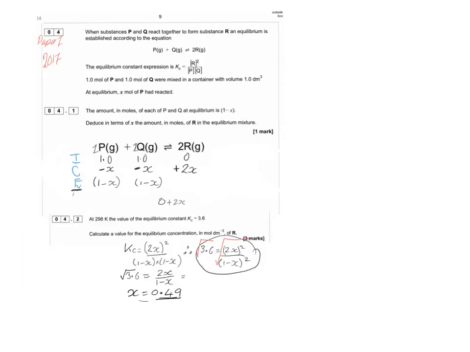Once you solve this algebra problem, x comes out to 0.49 moles, but don't stop there because we're asked for the equilibrium concentration. And since the container was 1 dm cubed, and remember that R is 2x, therefore the concentration of R had to be 2 times 0.49 divided by 1 dm cubed, which came out to 0.97 moles per dm cubed.